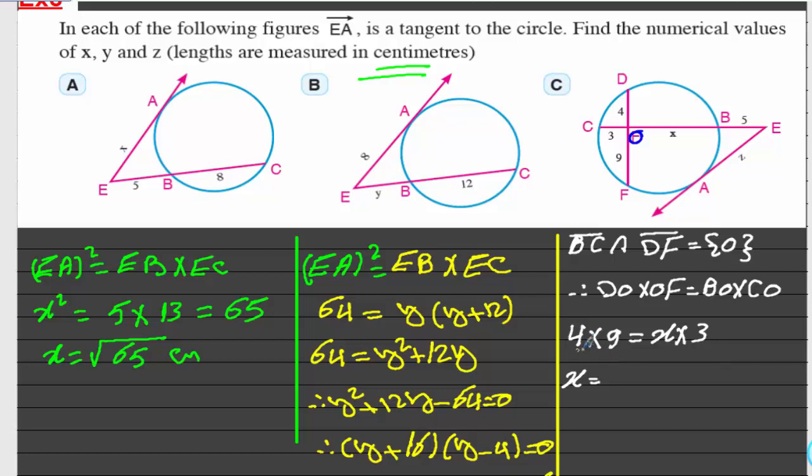So x equals 36 divided by 3, it is 12. So x equals 12 centimeters.